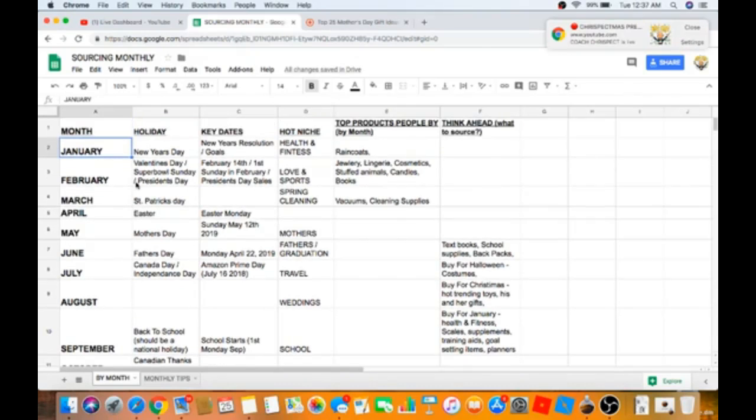like spreadsheets like these, like to have some sort of resource where you can look at it and go, okay, the month I'm in, what are the key holidays for the month? What are the key dates? What is the hot niche of the month?